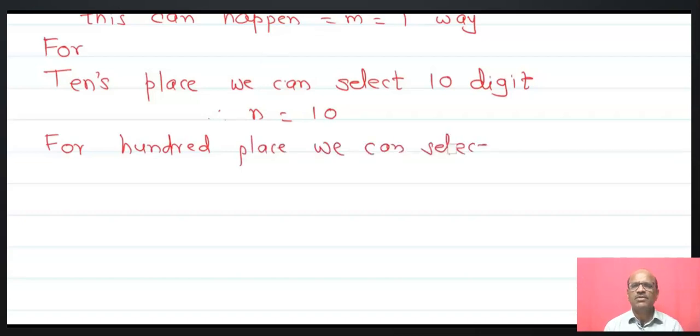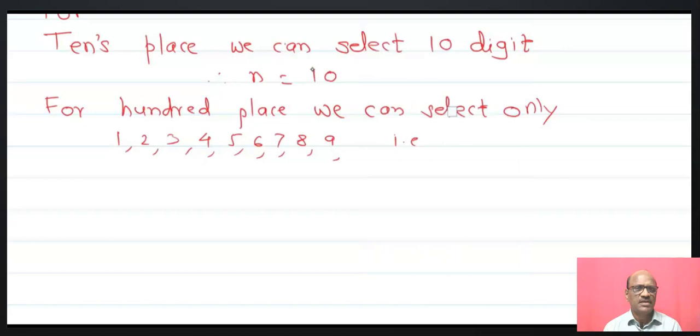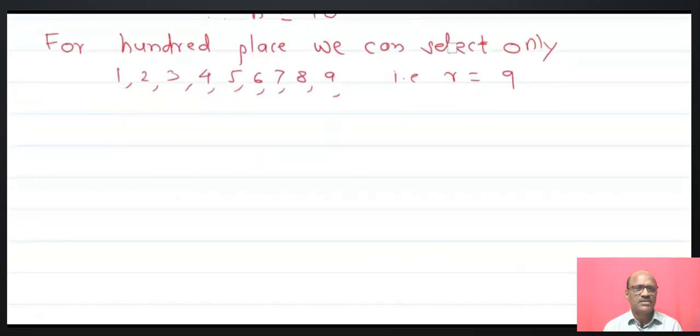And for the 100 place आपल्याला 0 घेता येणार नाही. Therefore, we'll take here 1, 2, 3, 4, 5, 6, 7, 8, 9. That is r is equal to 9.